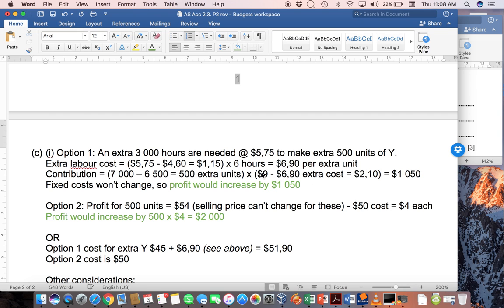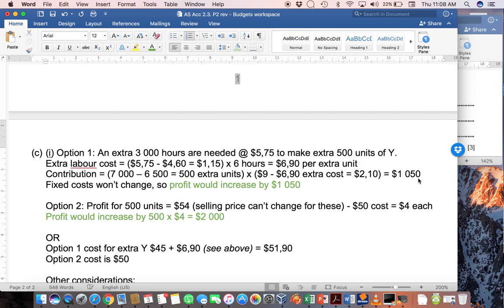Remember, the $9 is the contribution that each product Y is able to make towards my fixed costs. But I have an extra cost of $6.90, which means I now only have a contribution of $2.10 for each unit.